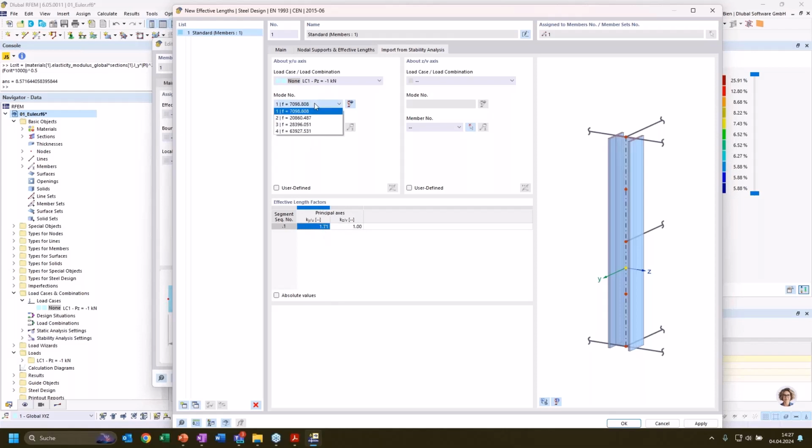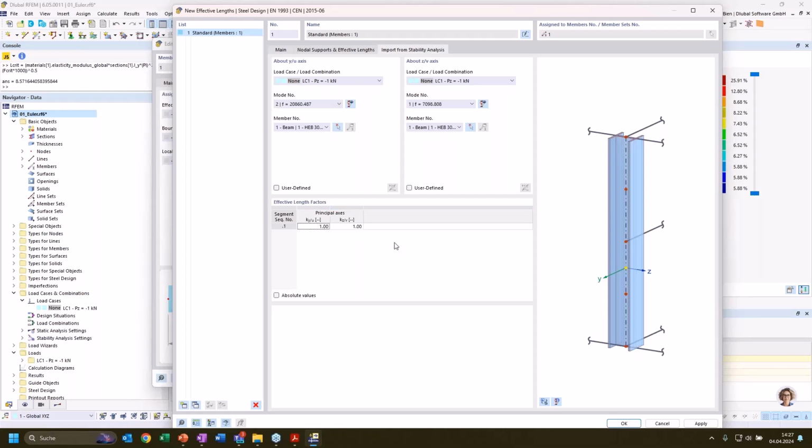In this case, we have to take care that buckling around the strong axis happens in mode number 2, so it is observed in mode shape number 2. So we would need to enter mode shape number 2 here, and mode shape number 1 would be for the buckling length coefficient for buckling around the weak axis. That would fit and suit our expectations.